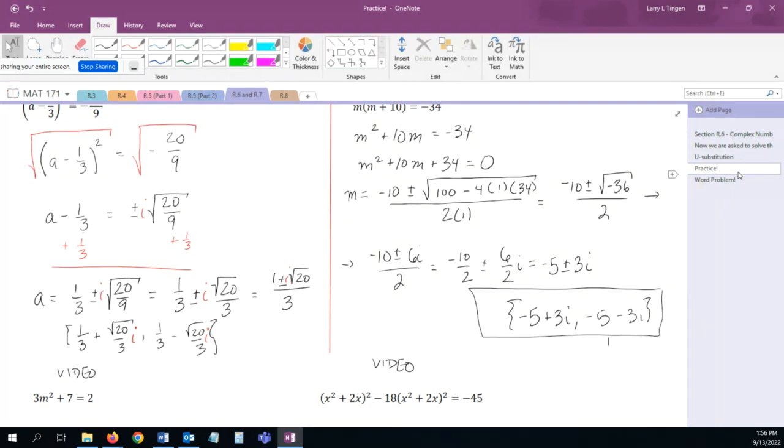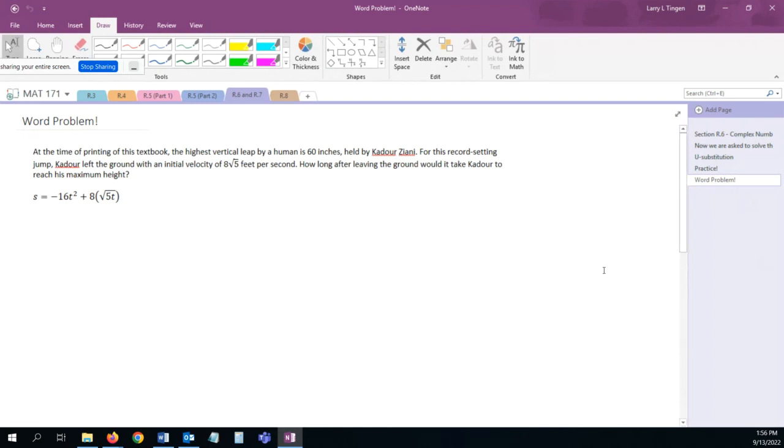Okay. I'm going to take your word for it. We're going to come over here to the word problems. So this is the R7 portion. So we'll tackle this and we'll call it a day, because we're going to get through 2 sections today, which is great.